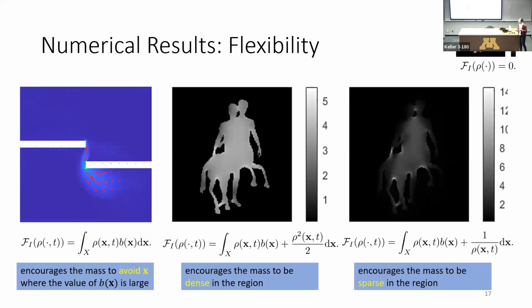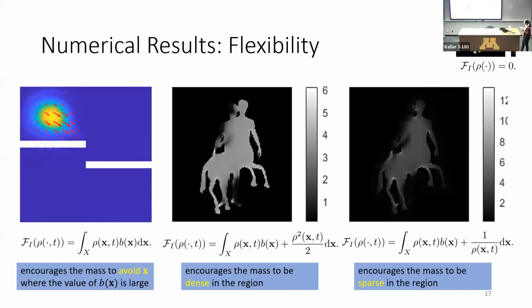And as I mentioned, we have the flexibility to deal with different objective functions. As long as you can compute the gradient, you can apply our algorithm to solve all these kinds of problems.